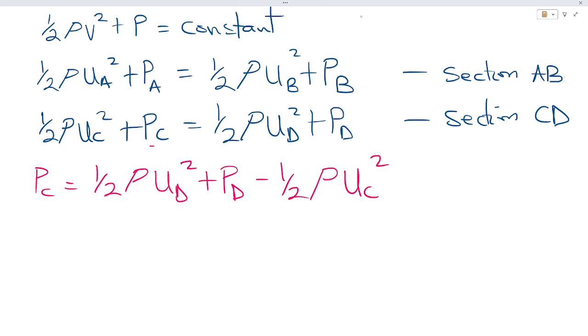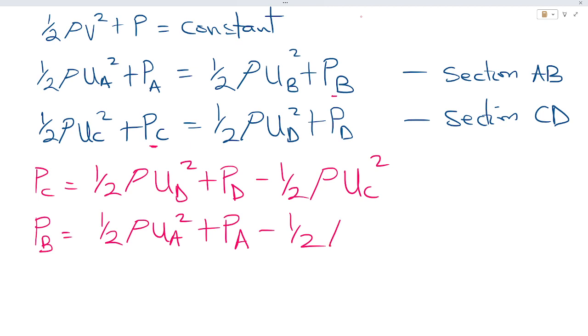Also, we can single out PB. We've already derived PC, so now PB equals half rho UA squared plus PA minus half rho UB squared.